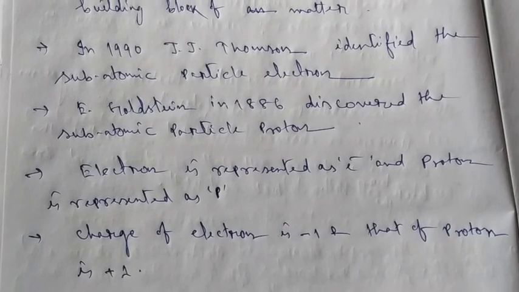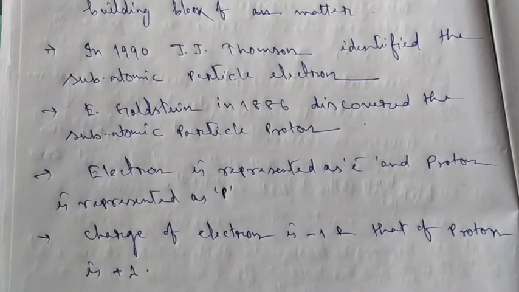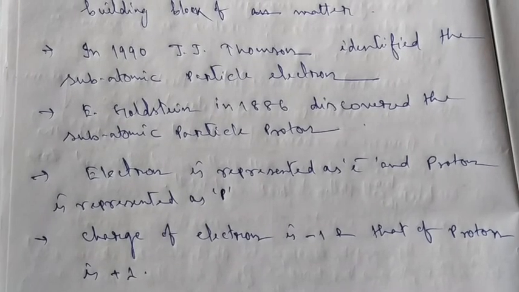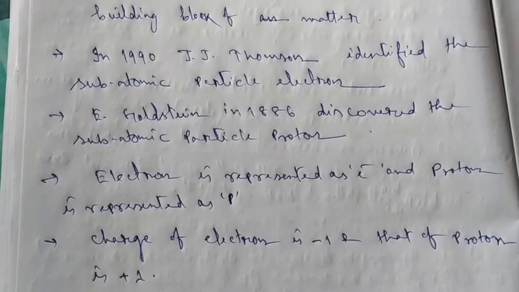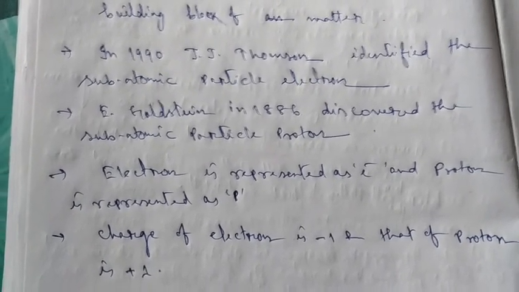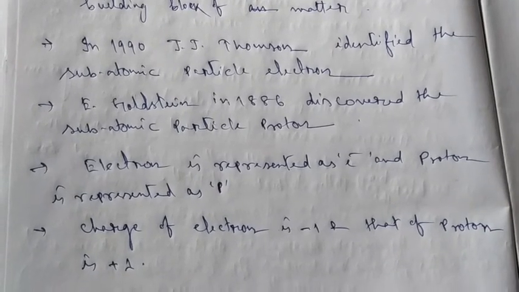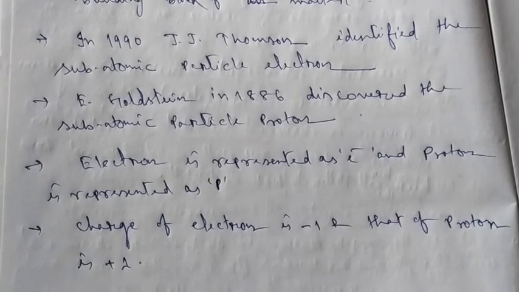The charge of electron is 1, proton is also 1. For electron, as it is a negatively charged particle, it is -1, and the proton is a positively charged particle, that's why +1. But the mass of proton is 2000 times heavier than the electron, though their charges are the same. So it was discovered.